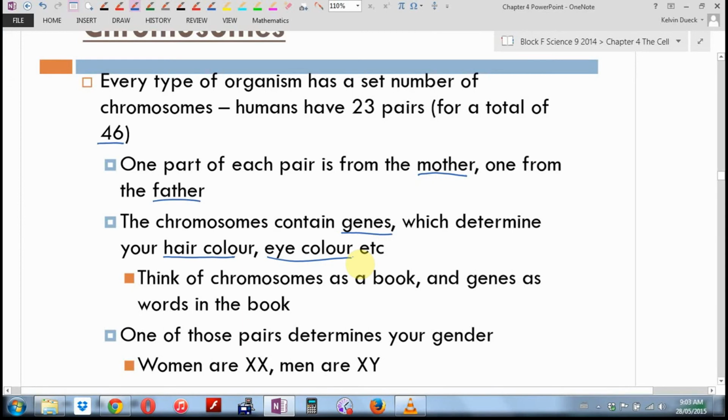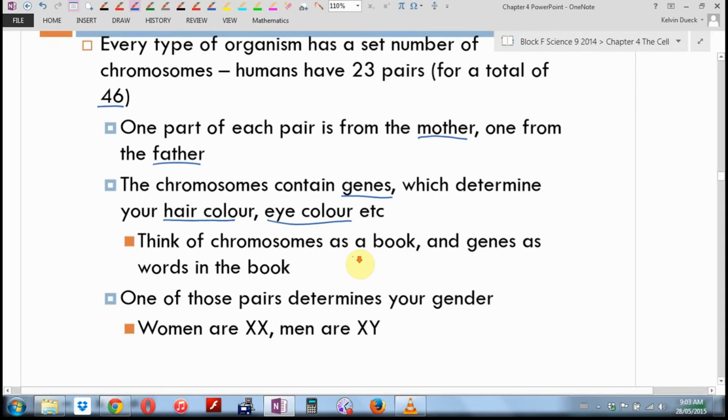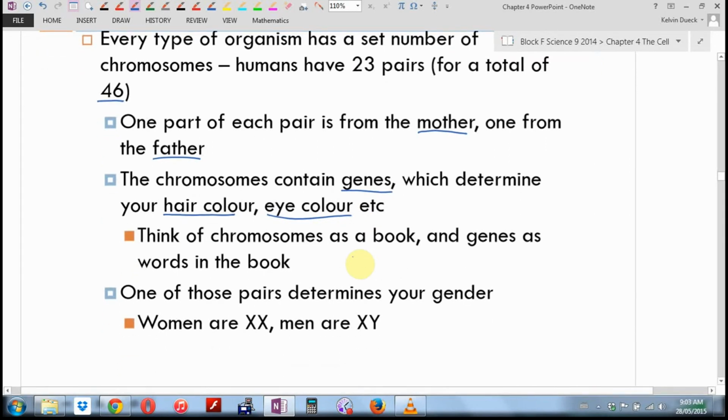They determine whether you have hitchhiker thumb like I do, or straight thumb. They determine whether you have hair on your knuckles or not. They determine everything. You can sort of think of chromosomes as a big book, and genes are the words in the book.